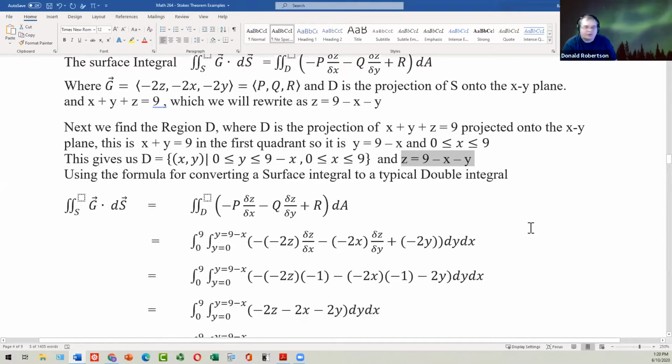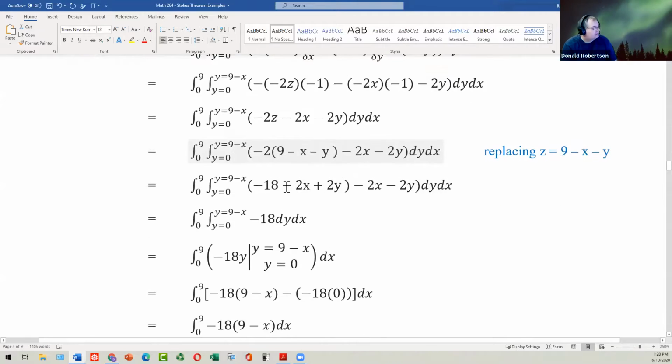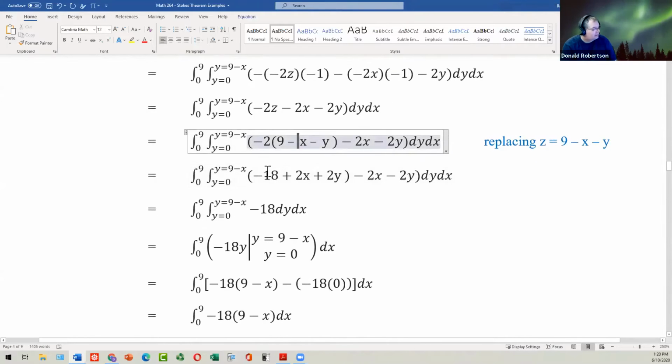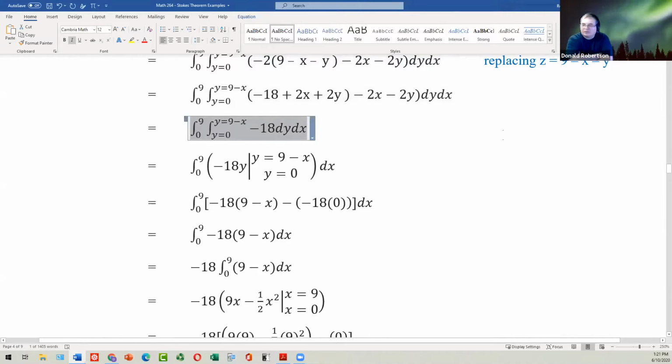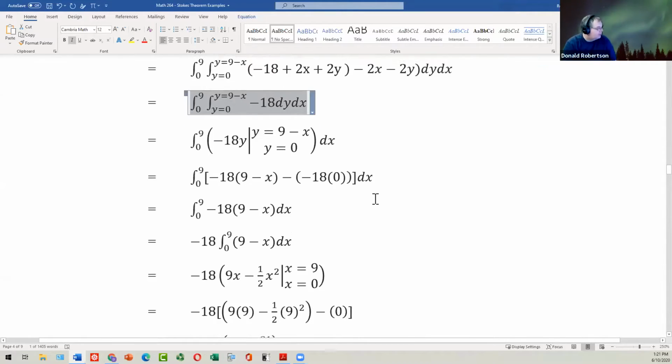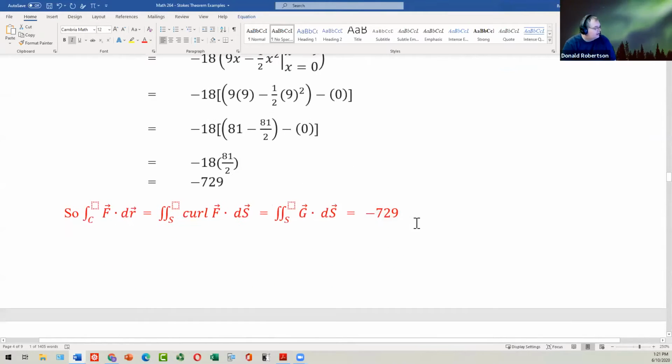So if there are any z's left over, whatever this z here is, gets placed here. I'll multiply this all out, and almost like magic, there's our integral. So the original line integral, which was virtually impossible to do, has now turned into a really quite a baby looking double integral. And you go through all that working, it ends up being -729.